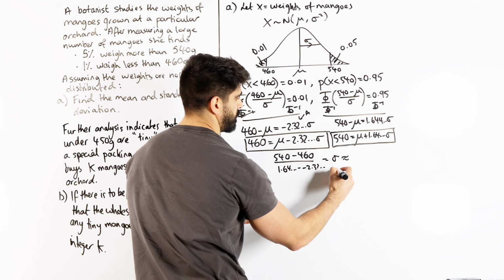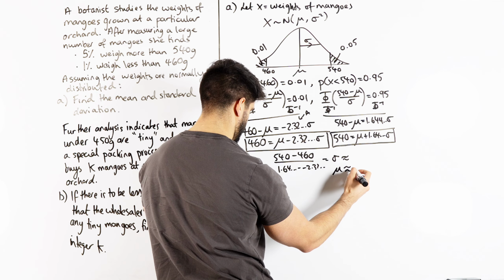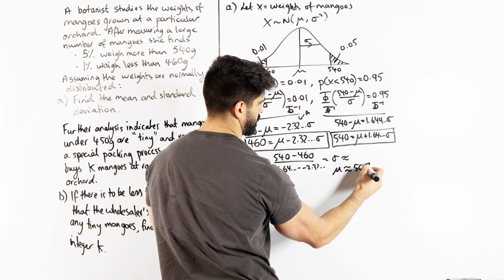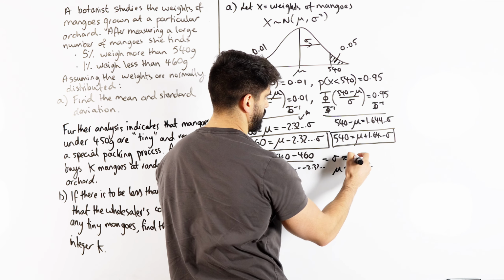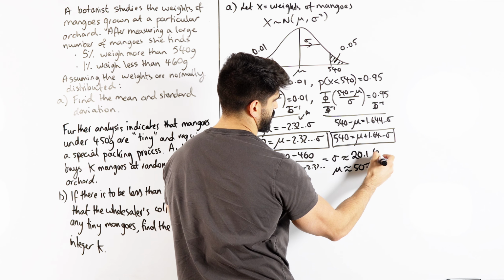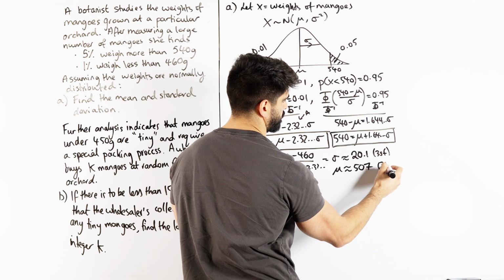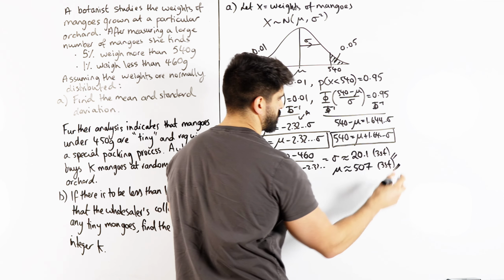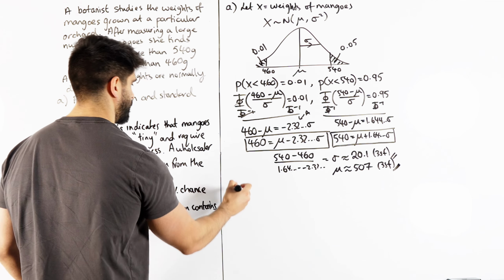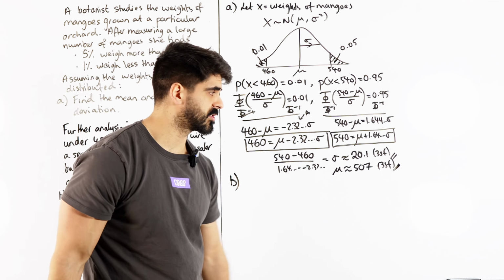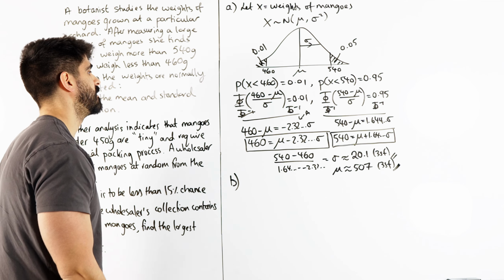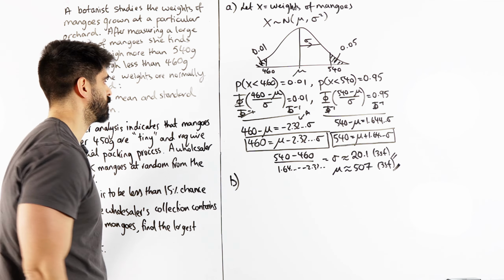So mu is about 507, 3 significant figures, and then sigma 20.1. So let's just do 3 significant figures for both. It's my question, I can round it how I want. So part B, that'll be worth a lot of marks, 5 marks in the exam, something like that. I've seen them give 6, but I think 5 is more realistic.